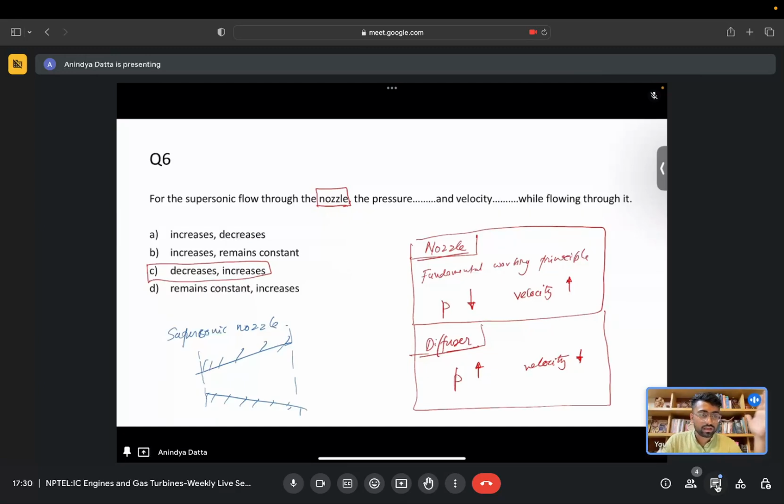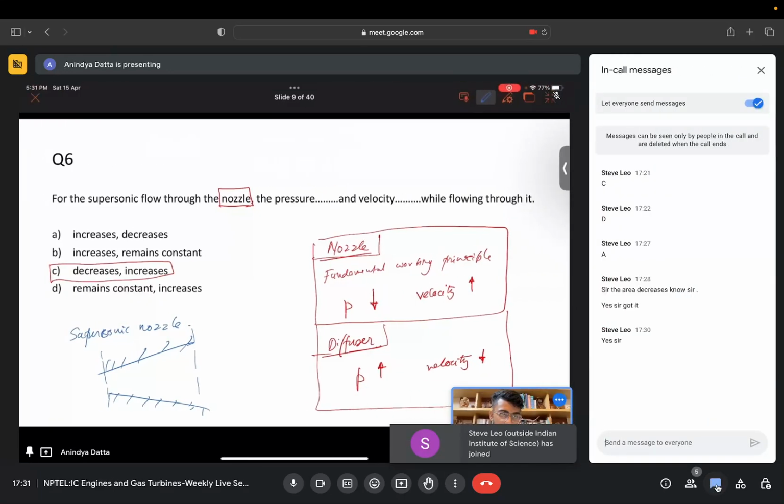This is because the flows that we have studied are mostly subsonic, so that's how we are used to think. But when the flow becomes supersonic, the case is reverse. So we have to be careful of the kind of flow, and the fundamental principle is like this.